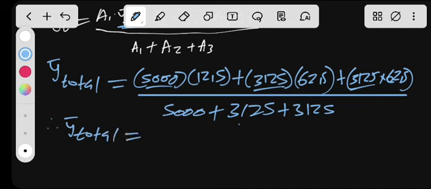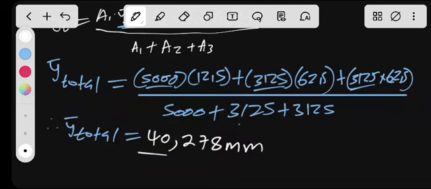What will be our y bar total there? If we punch that, I'll have 40.27, I think 77, but you can round it to 3 decimal places. This is in millimeter. Right, that is our answer there.